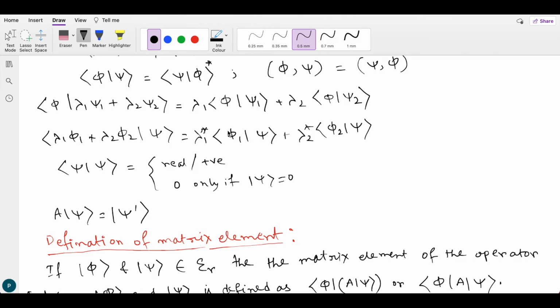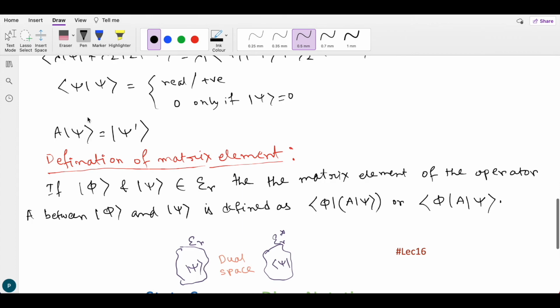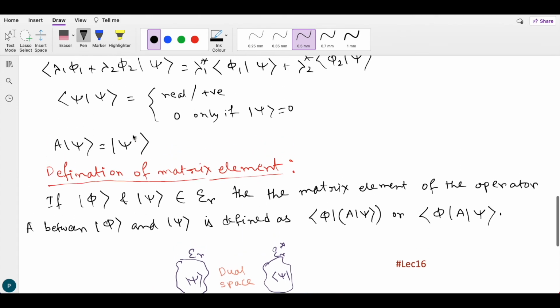And if psi is 0, only then this integration will be 0. And let's say A is an operator that acts on the state psi and will give a new state psi prime. We will learn about this in great detail in the subsequent lectures.